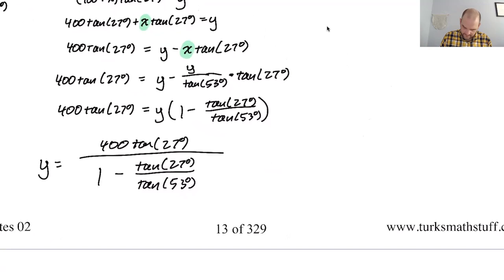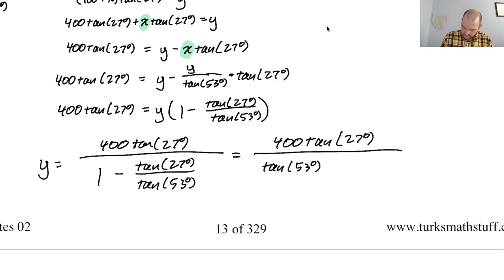So what I'm going to do is in the denominator, I'm going to get a common denominator, and it would be tangent of 53, right? So I'll get the tangent of 53 minus the tangent of 27 all over the tangent of 53.